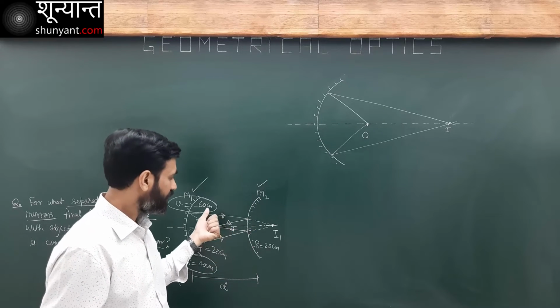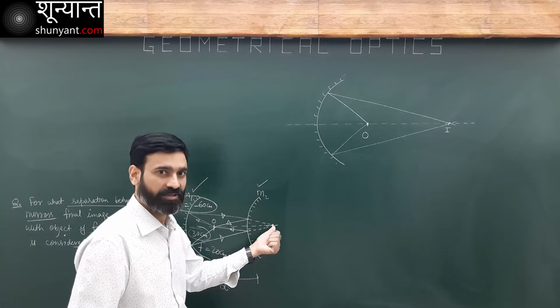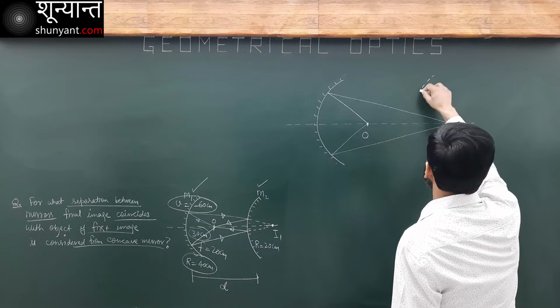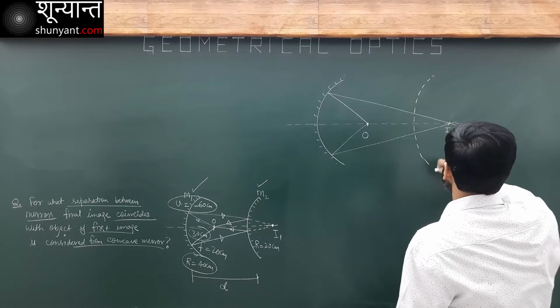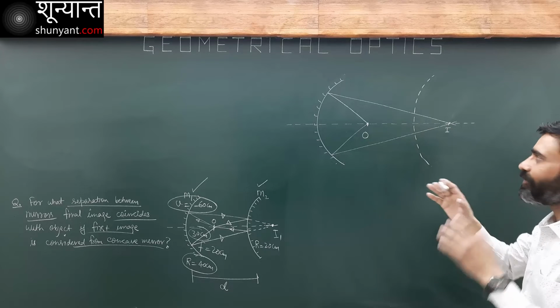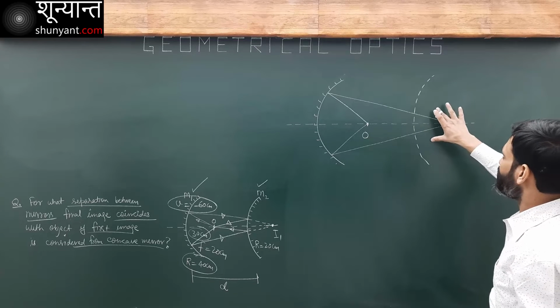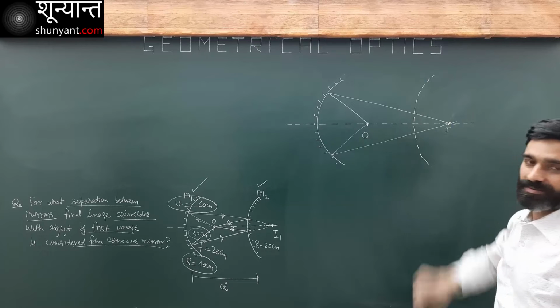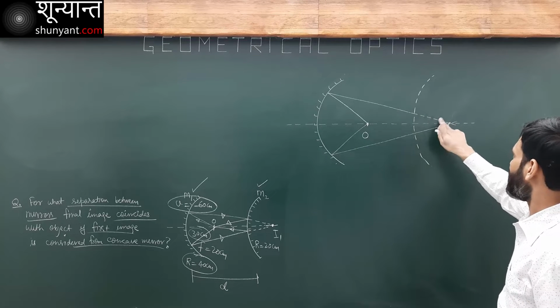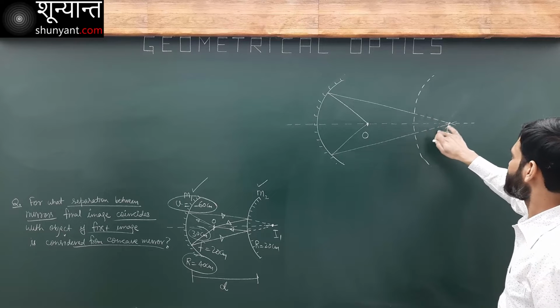But if the object is virtual, for example, I do not allow the light rays to converge here. In between they are intercepted by this convex mirror, so they cannot arrive here. Do you understand this?